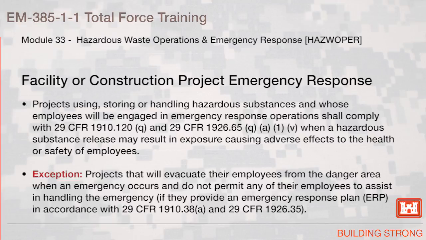Exception: projects that will evacuate their employees from the danger area when an emergency occurs and do not permit any of their employees to assist in handling the emergency, if they provide an emergency response plan, ERP, in accordance with 29 CFR 1910.38(a) and 29 CFR 1926.35.